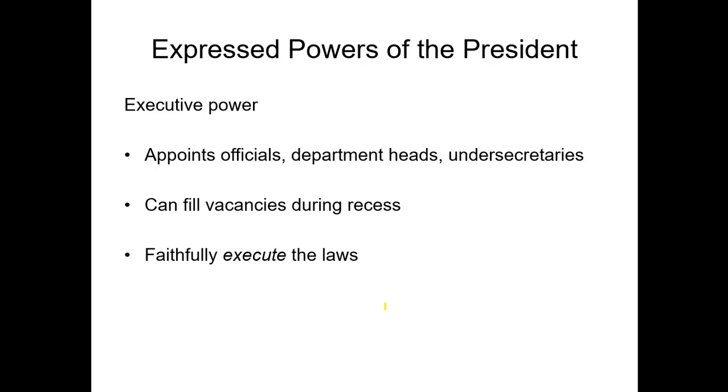The president also appoints all the officials of the executive branch, all the department heads, cabinet secretaries, undersecretaries. He also has the power to fill vacancies during a recess.